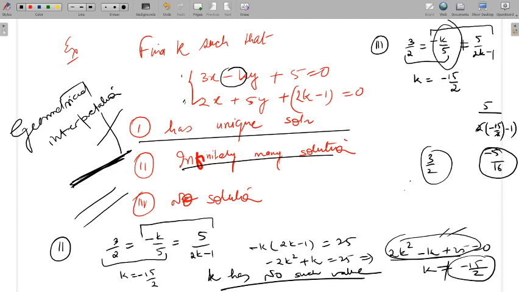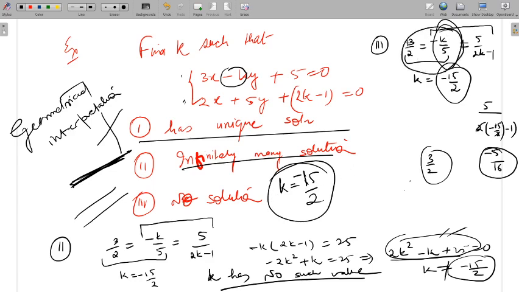So at k equal to minus 15 by 2, what you observe is that these two ratios, a1 upon a2 and b1 upon b2, are equal, but c1 upon c2 is not equal, because when you put the value of k as minus 15 by 2, c1 upon c2 becomes minus 5 by 16, which is not equal to 3 by 2.